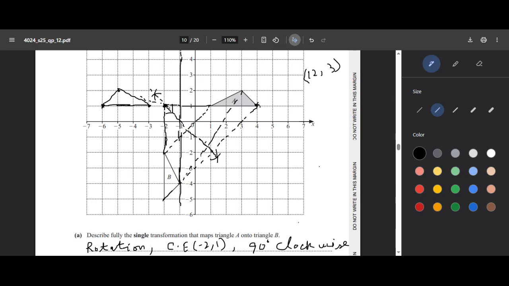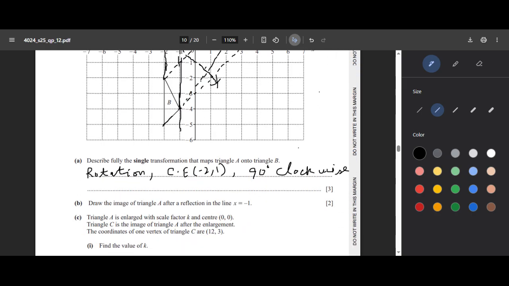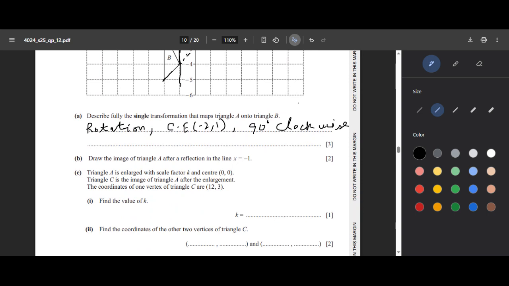The coordinates of this point are 4, 1. If we divide 12 by 4, the answer will be 3. 3 by 1, the answer will be 3. So the scale factor will be 3. The value of k will be 3.